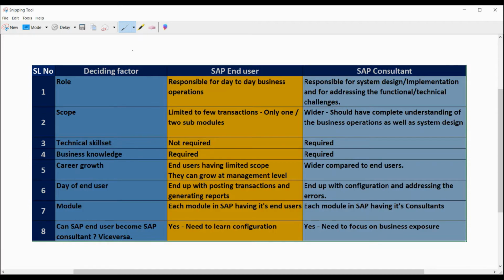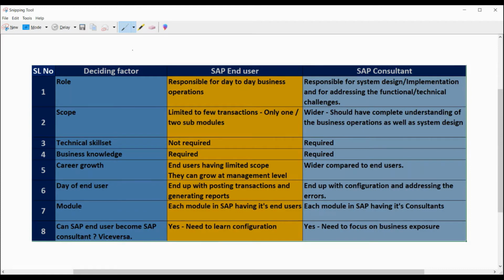Basis is under the security module, so they maintain authorizations and roles and responsibilities. So there are different types of technical skill sets in the SAP consulting area. For an end user, it is not required.